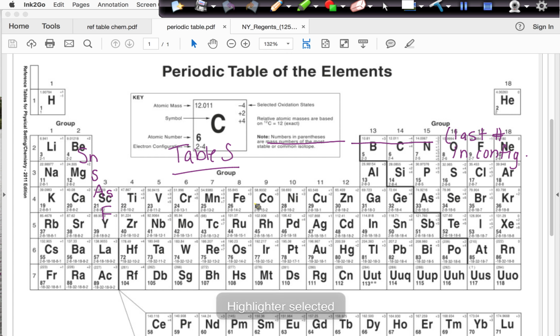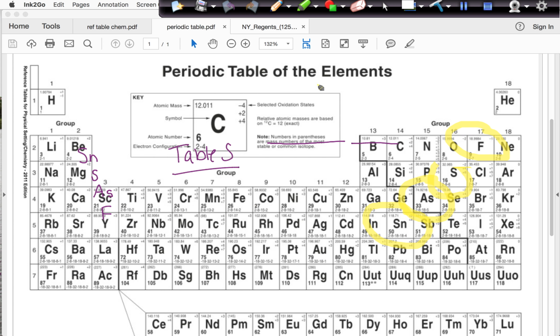We're going to look up SN, which is a metal. So we're going to find SN. We're going to find sulfur. We're going to find arsenic, which on table S, you can also find the atomic number, which would make it easier for us to find these things. So we're looking for the last number in the electron configuration for these 4 elements.